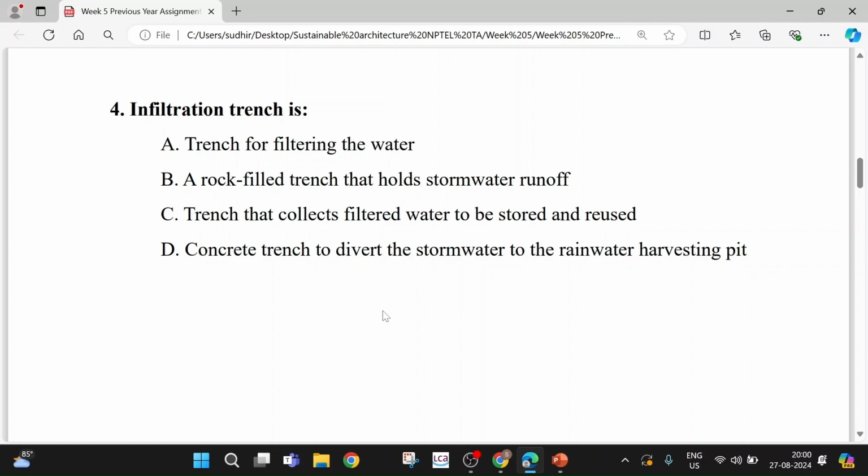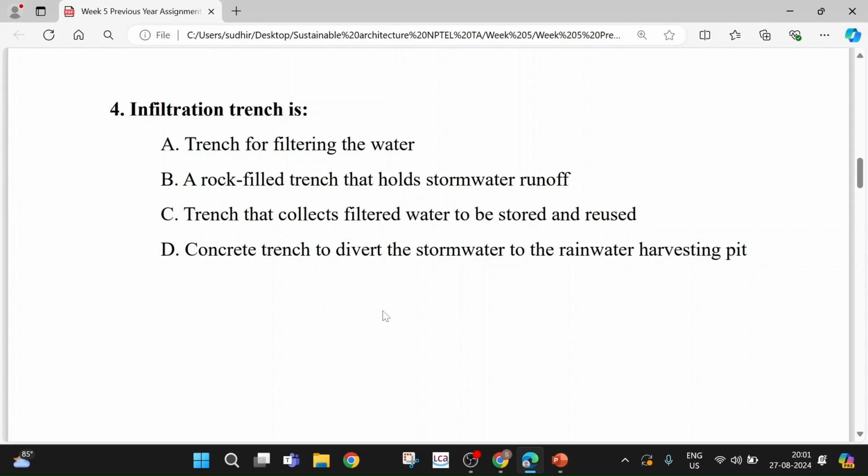So can you explain to the others who have answered D or A? Anyone of you? Rockfill trench will control the stormwater runoff, and at the same time it will filter and hold the runoff water.